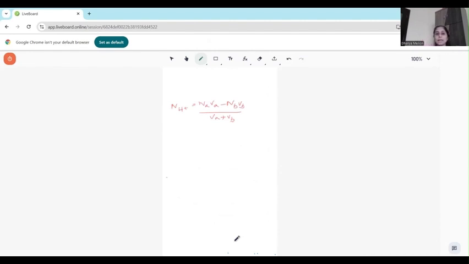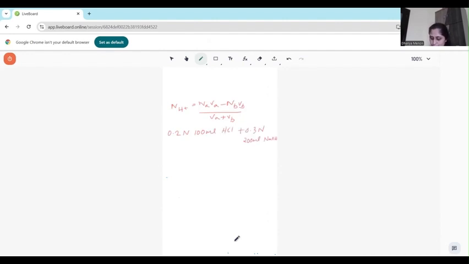So acid is reacting with a base, right? Over here, the acid is HCl and the base is NaOH. Now over here, what is our first step?